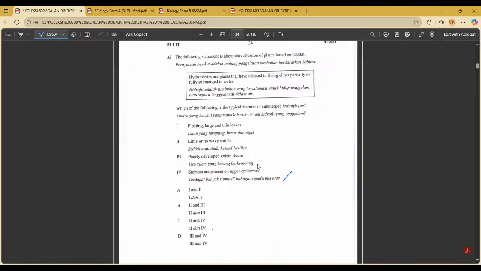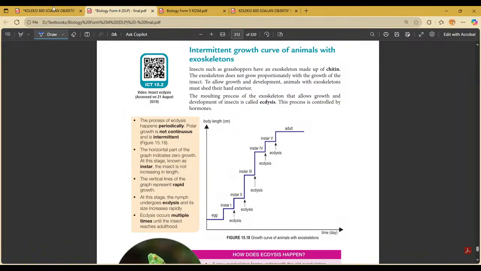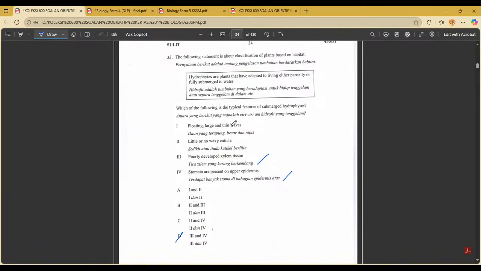I guess it would specifically be poorly developed xylem tissue because it lives in water, it doesn't need that developed of a xylem. No, it's B. B is 2 and 3. It's not. Stomata on the upper epidermis. Okay.